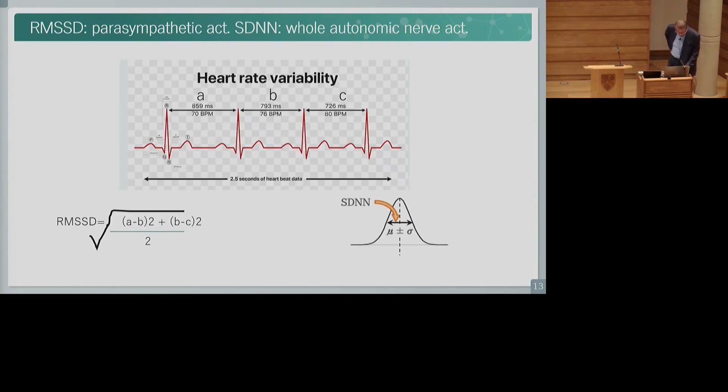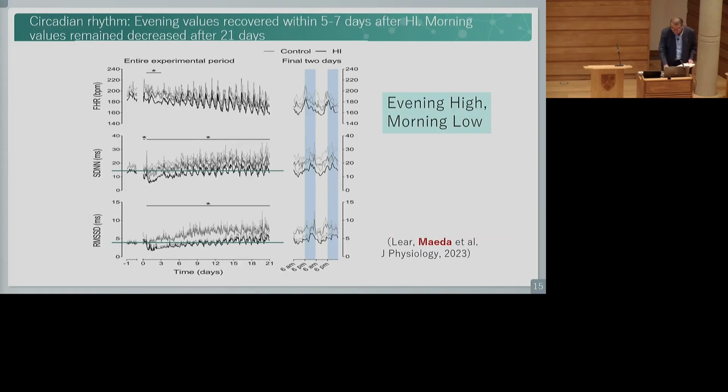To quantify variability objectively, we use two standard heart rate variability indices. RMSSD reflects parasympathetic activity. SDNN reflects overall autonomic nervous system activity. These parameters allow quantitative assessment rather than subjective visual interpretation.